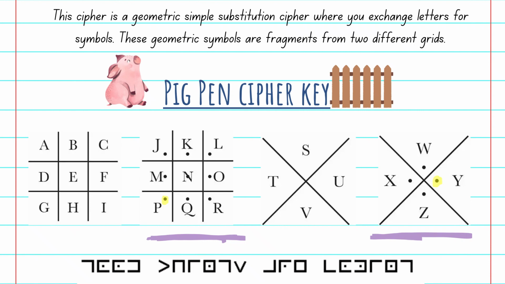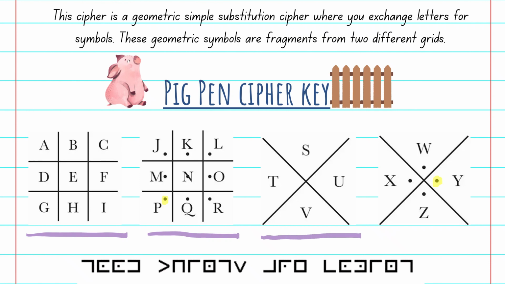So for the first one, you go ahead and just write the letters as is. For the second one, you write the letters with the dot. You fill in the rest of the letters as is. And then for the last one, you fill in the letters with the dot as well.